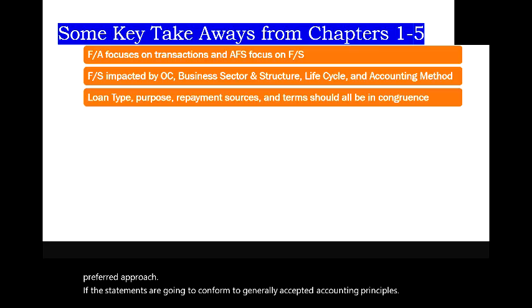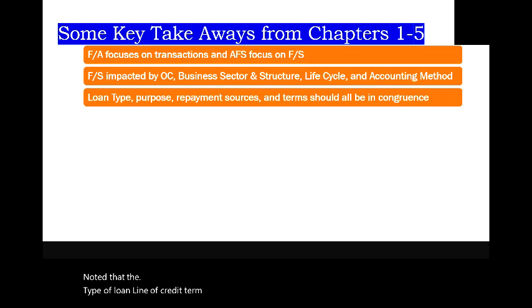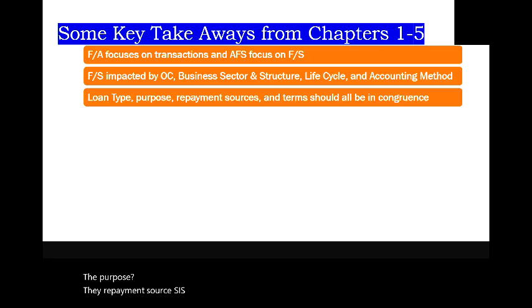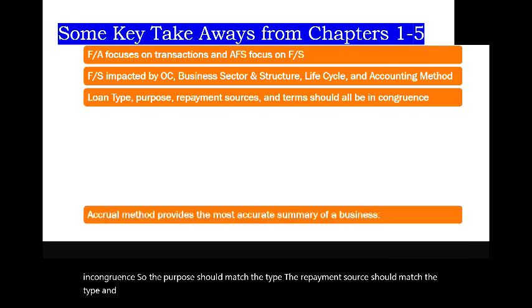We also noted that the type of loan, line of credit, term loan, lease agreement, standby letter of credit, and so on, the purpose, the repayment sources, primary and secondary, and the term of the loan should all be in congruence. So the purpose should match the type, the repayment source should match the type and the purpose, and so on.